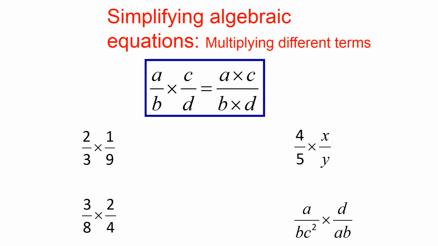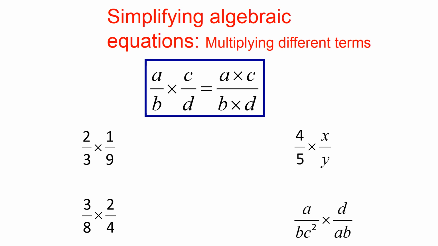So the first rule is that if you've got two fractions times each other, in this case at the top, A over B times C over D, that's the same as continuing that line all the way through and multiplying top and bottom.